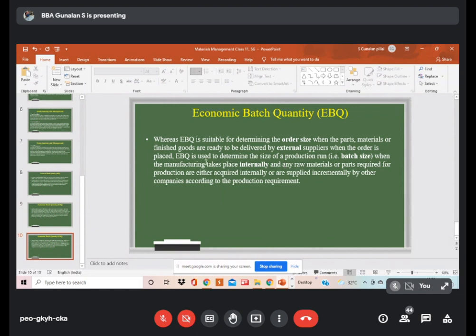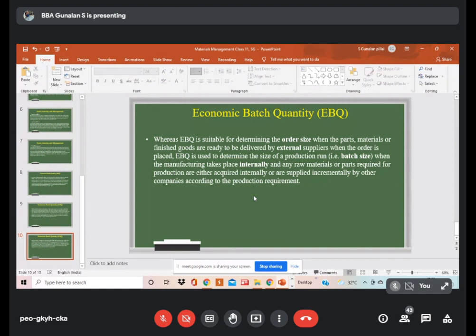Economic batch quantity is used to determine the size of the production run when the manufacturing takes place internally and new raw materials or parts required for production are either supplied internally or incrementally by other companies according to the production requirement. Depending upon the requirement of the product, the batch can be produced.